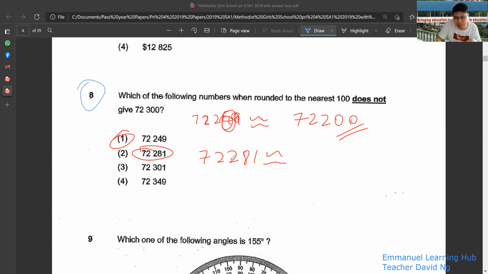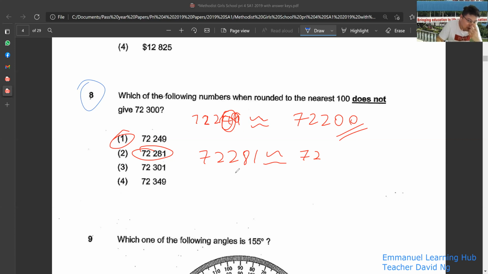This one, nearest 100, what do you have? 72290, nearest 100 there. 8 you round up is what? 9. You don't round up the 8, you round up the 2 because you look at 8.